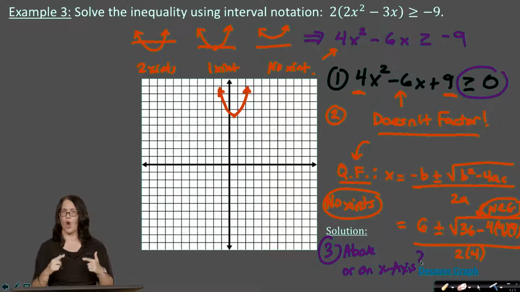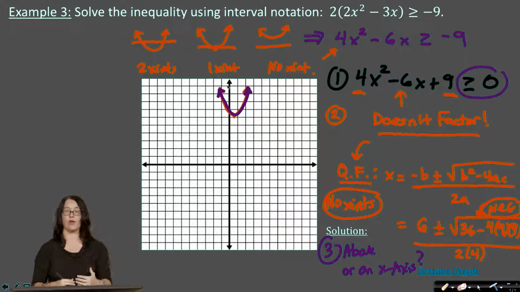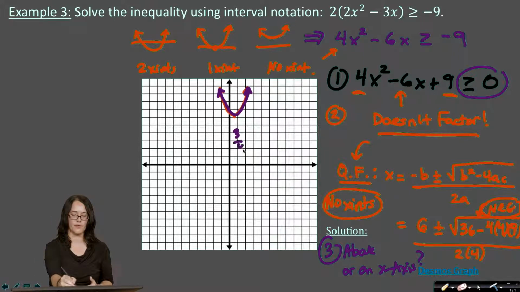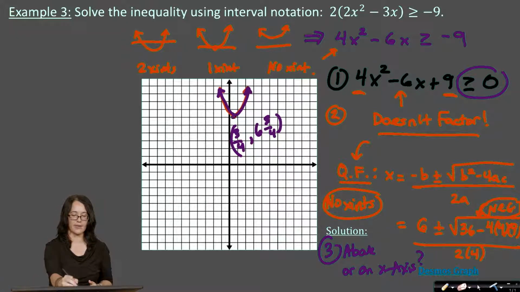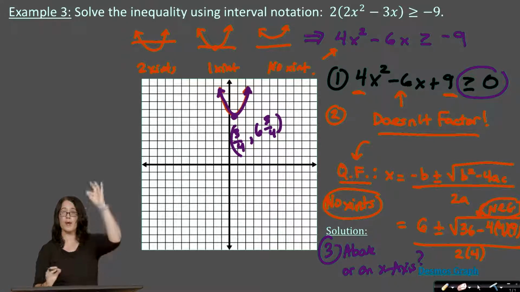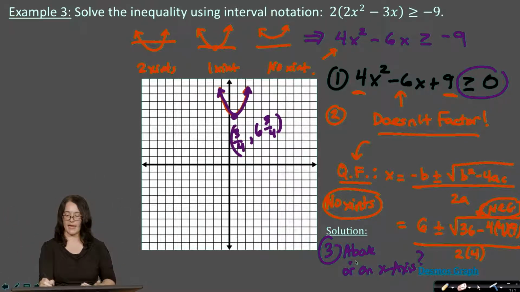Well, it's above it always, right? It's always above it because its vertex was way up yonder at 3/4. This was at 3/4 and 6 3/4. You're welcome to check that using your vertex formula from the previous couple videos. So that's that location there, okay? So because you're way up yonder and it's opening up, you're going to always be above the x-axis.